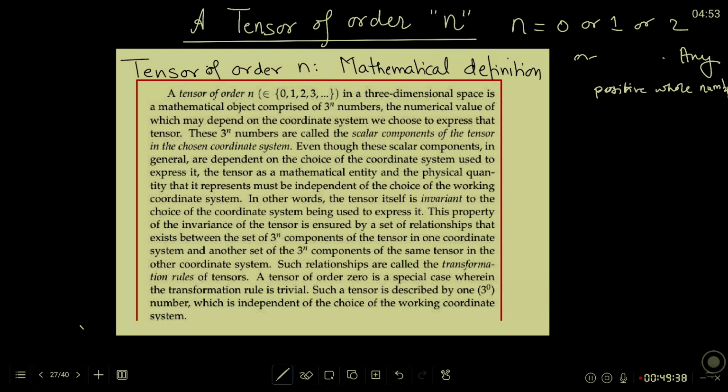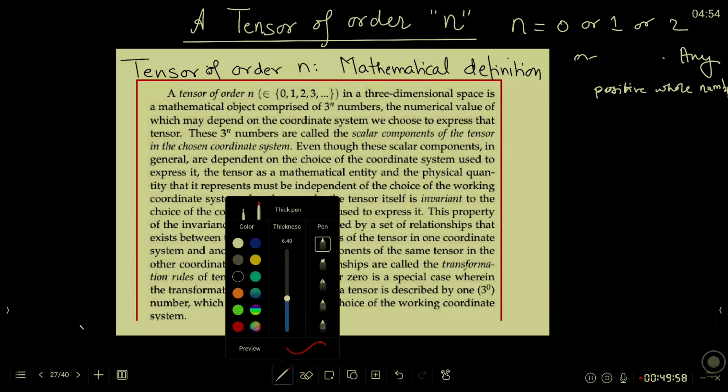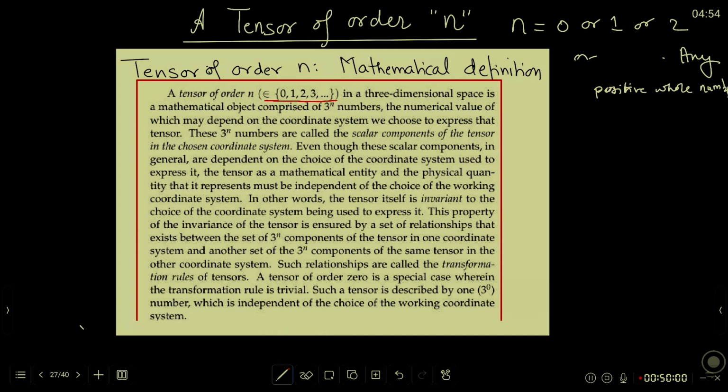A tensor of order n is, where n is any whole number, in a three-dimensional space. We live in three-dimensional space, so I am talking only about a tensor of order n in three-dimensional space.